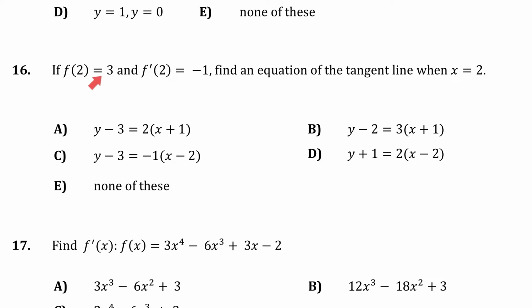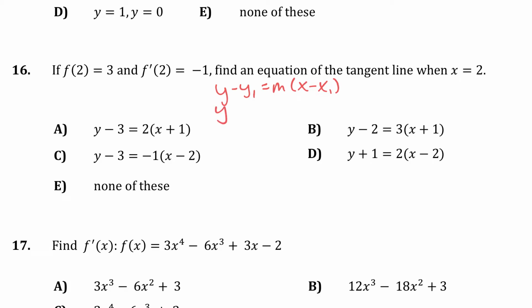If f of 2 is 3 and f prime of 2 is negative 1, find an equation of the tangent when x equals 2. Well, we did one like this. I think the second question was way harder than this, but it's similar, where we have the point-slope form: y minus y sub 1 equals the slope times x minus x sub 1.